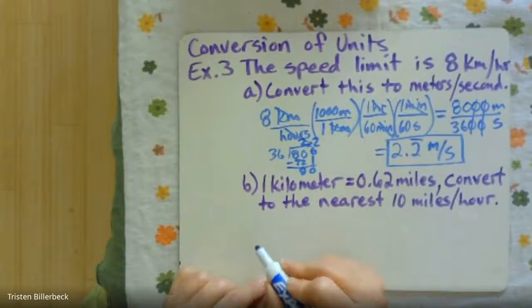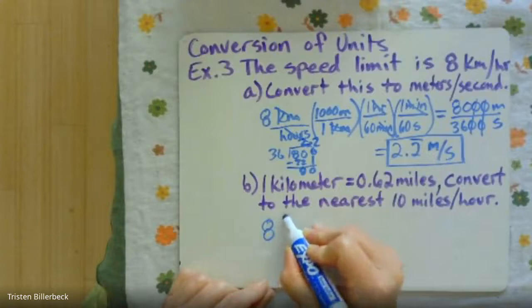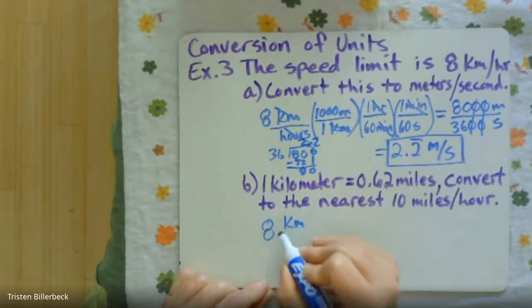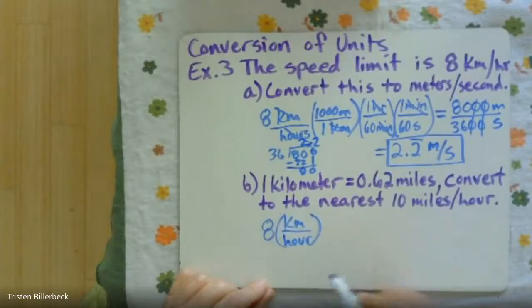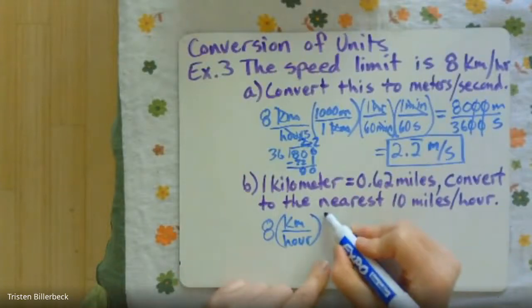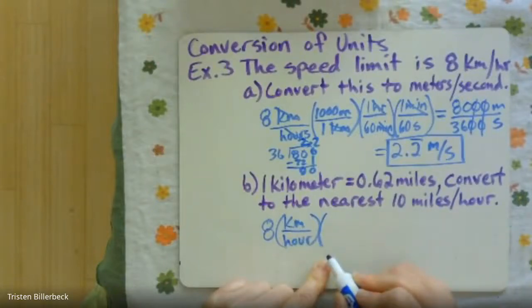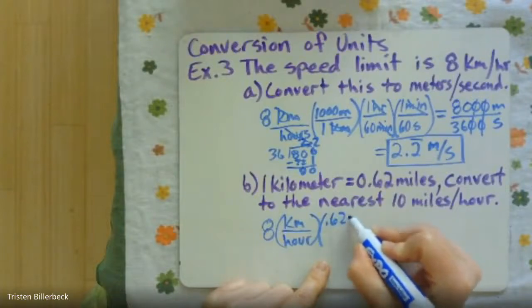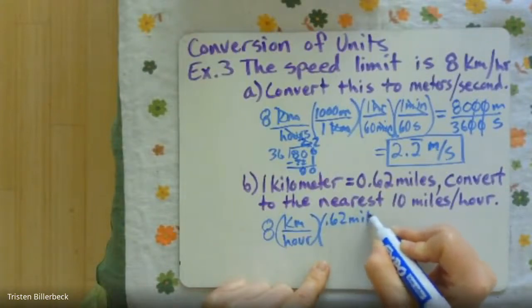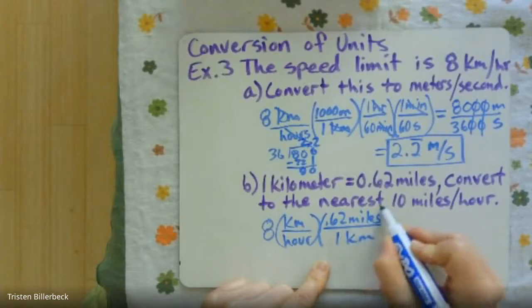Okay, so we have 8 kilometers over hours. And we want to, this is an hour, so we're just converting the kilometers to miles. So we have 0.62 miles equals 1 kilometer.